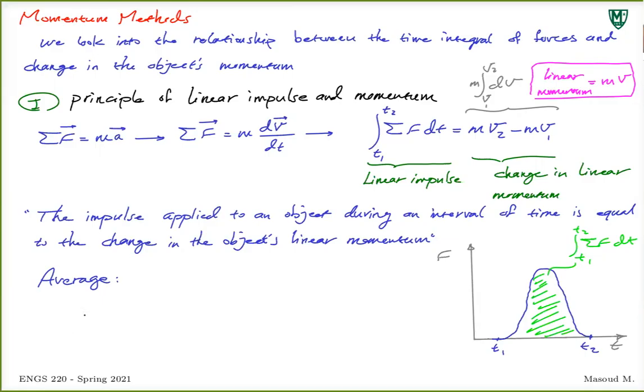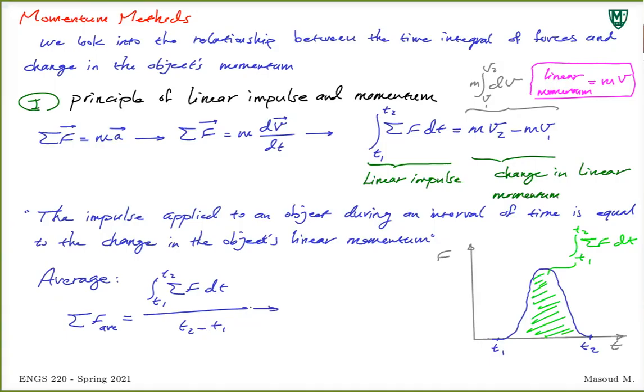The average force, I show that with the summation of F average, is the integral from T1 to T2 of the sum of the forces dt over the time period, T2 minus T1.